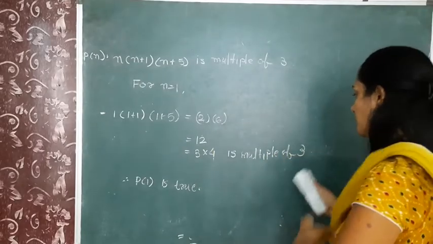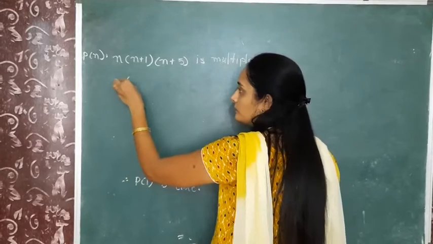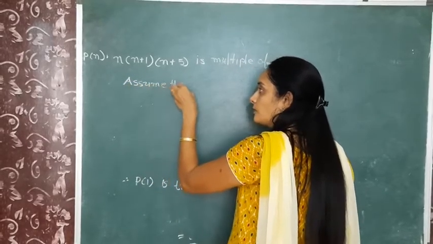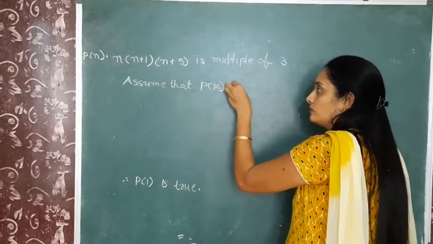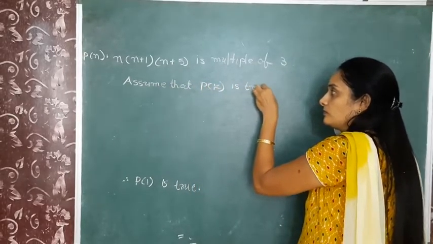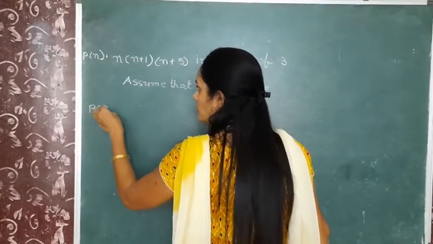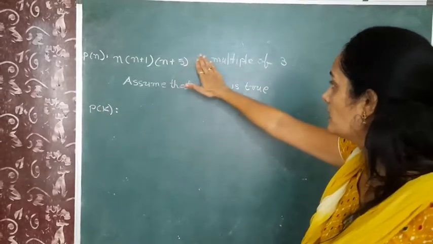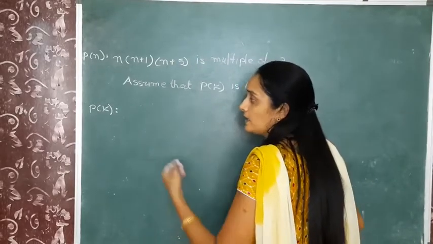Now we assume that P of k is true. So statement P of k is, for P of k we can write exactly statement Pn, but where n is replaced by k.